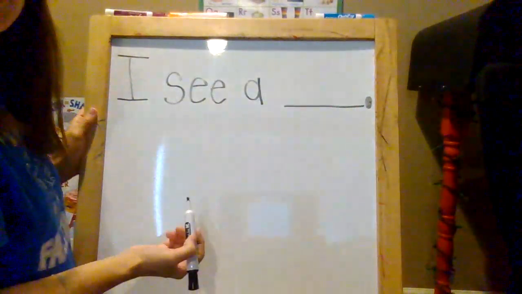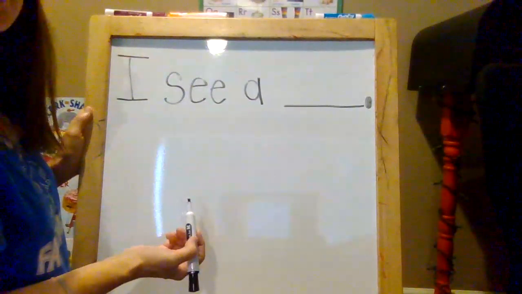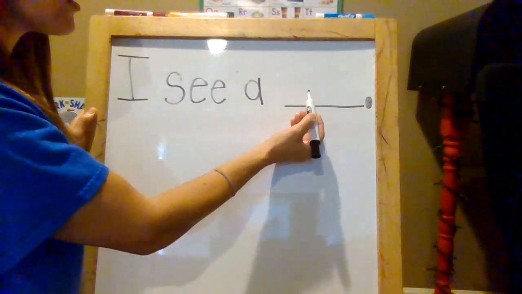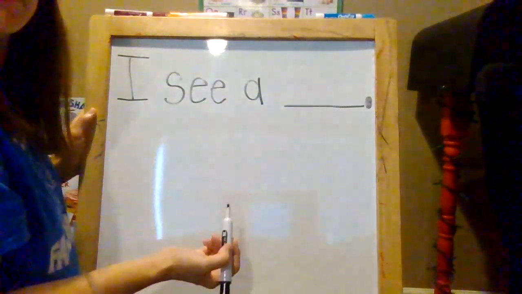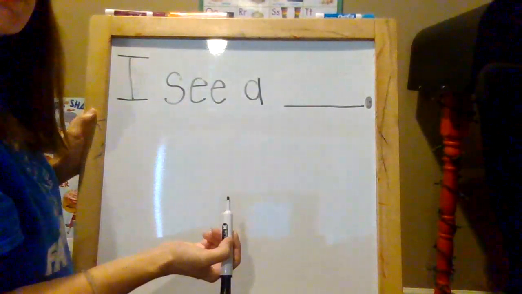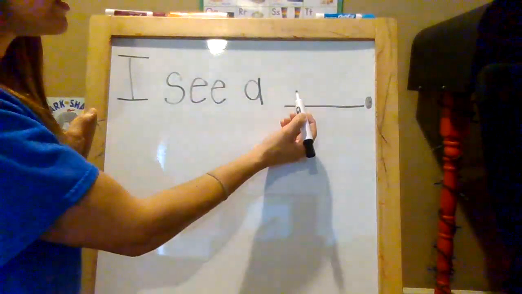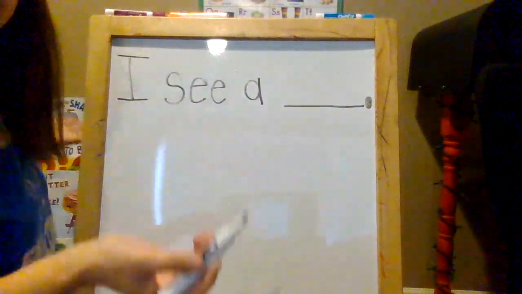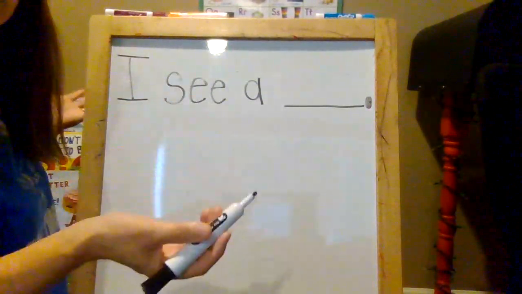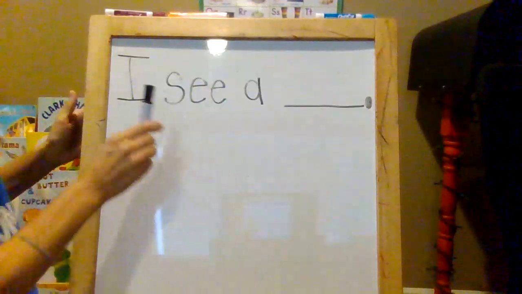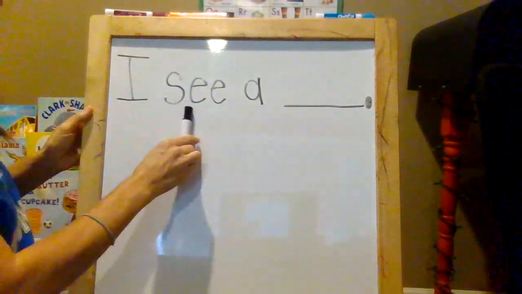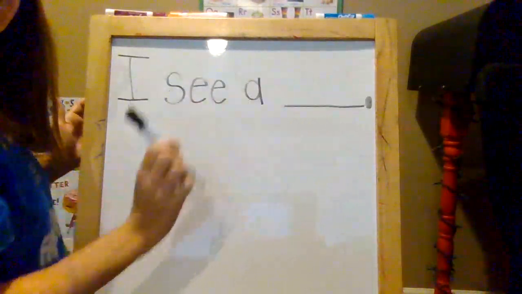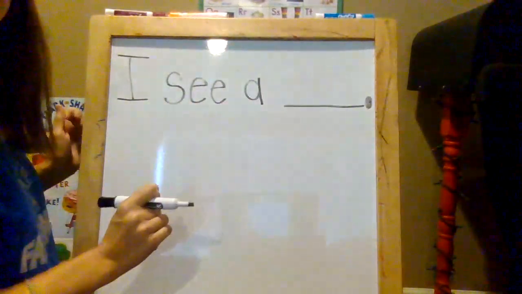If you're trying to write horse, listen to the word horse. If you want to write dog, listen to the sound. D. Og. Dog. And write as much as you can for your animal.